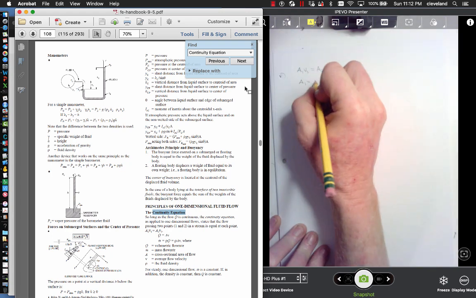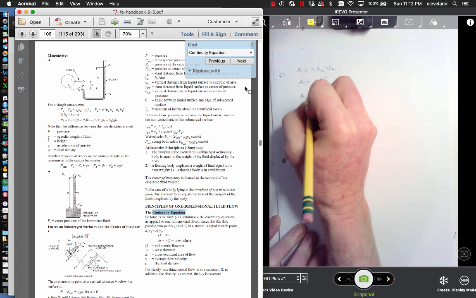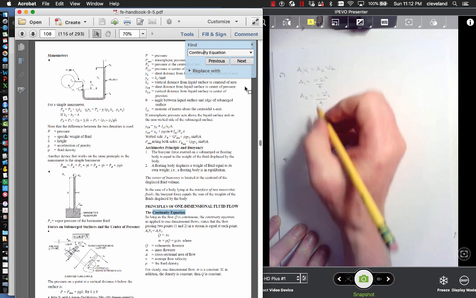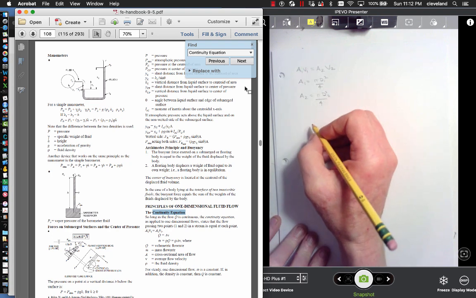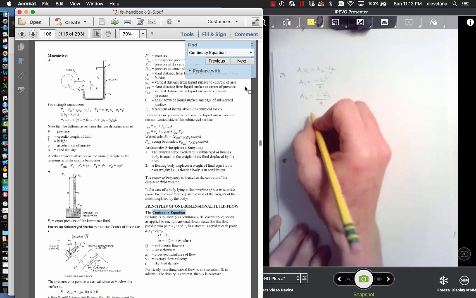A1 V1 equals A2 V2. A1 is equal to pi d1 squared over 4. A2 equals pi d2 squared over 4. And we're after velocity 2.